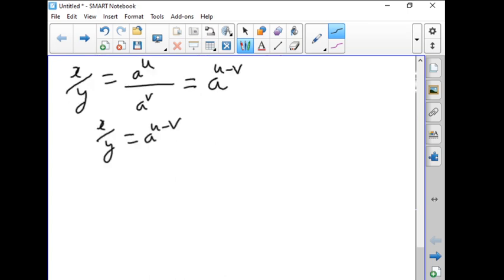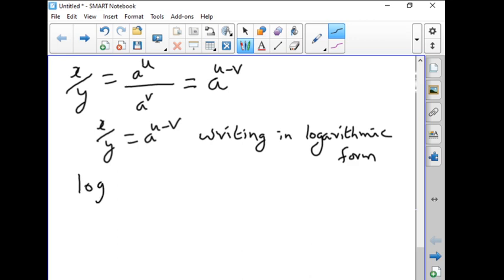This is in exponential form. Writing in logarithmic form, what we get? log x by y to the base a is equal to u minus v.